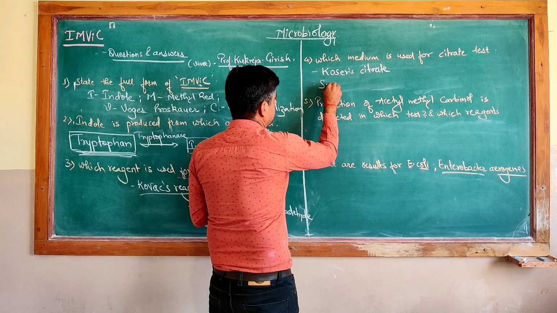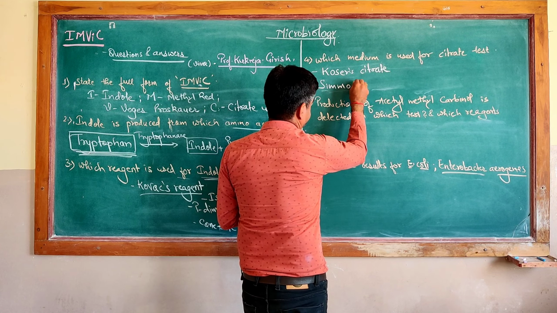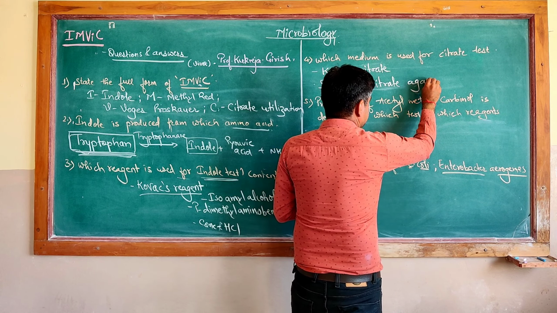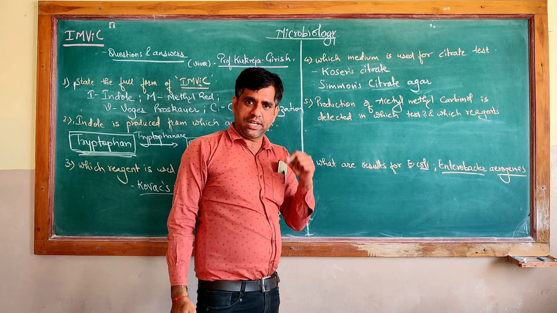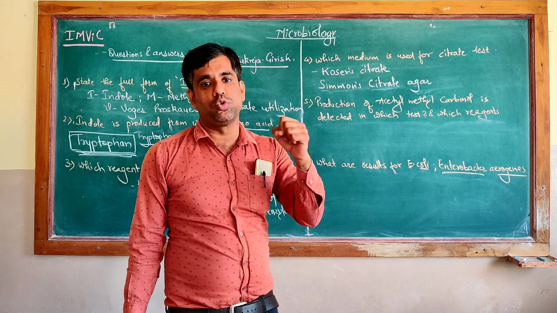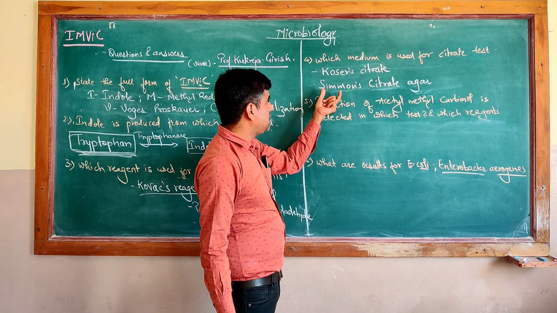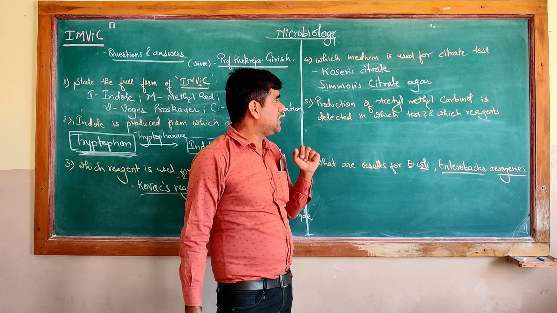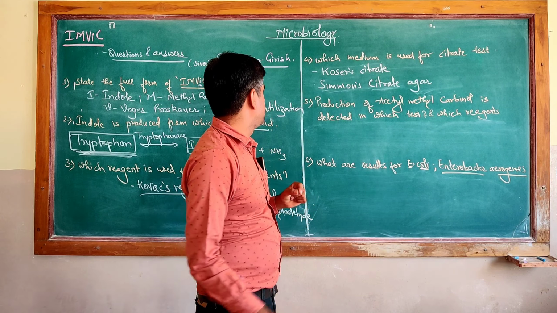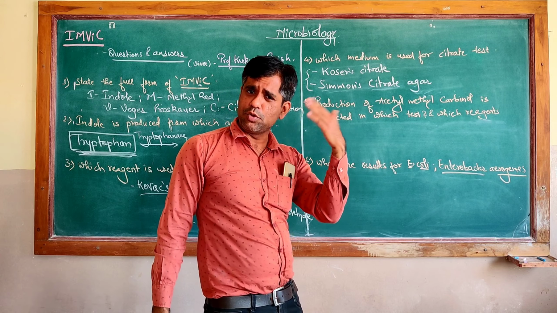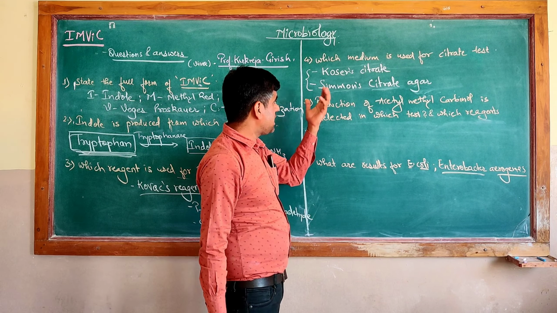Some go for Simmons citrate agar. Again the basic principle remains the same, to detect the ability of the organism to use citrate as a sole source of carbon. But here it is the change in color. If it goes from green to blue, then the test is positive. So the two commonly used media, not both together: some use Koser's citrate broth, whereas others go for Simmons citrate agar.